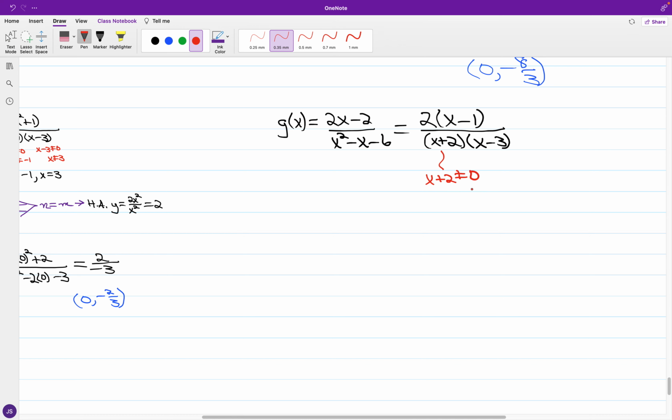So x plus 2 cannot be 0, so x cannot be negative 2. And x minus 3 cannot be 0, so x cannot be 3. So negative 2 and 3 cannot be on the graph of g of x. However, since x plus 2 and x minus 3 will not cancel out, those are going to be our vertical asymptotes: x equal to negative 2 as well as x equal to 3.